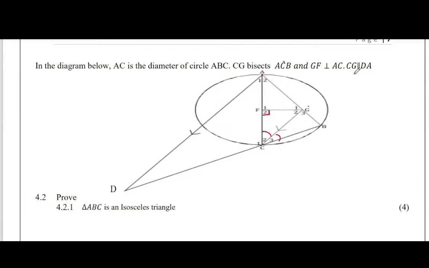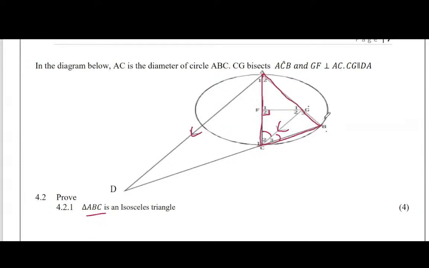And then CG is parallel to DA. DA and CG, they are parallel. That has been indicated for us. They want us to prove that this triangle ABC is an isosceles triangle.